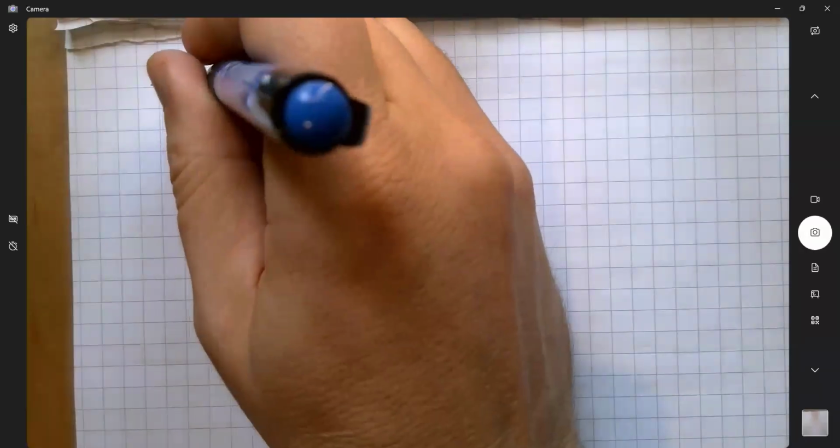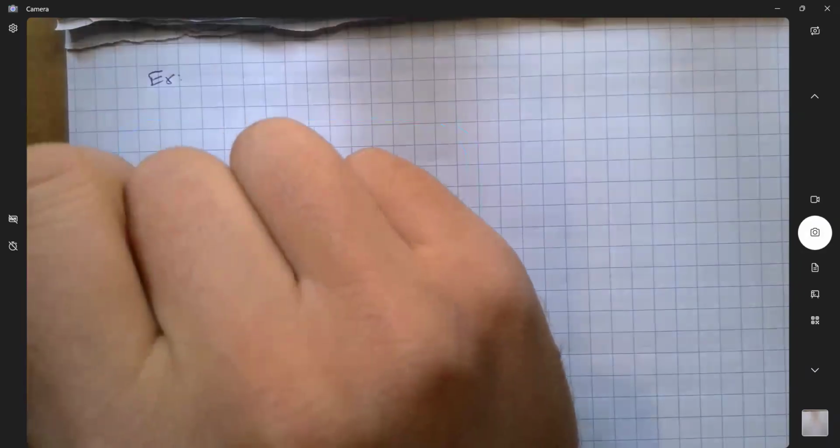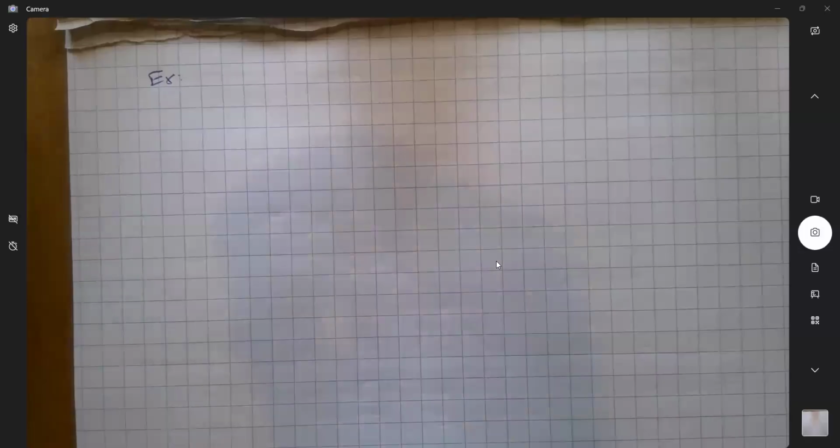Going from symbols to graphs is how we normally do it, but sometimes we start with words. Let me give you a word equation that we're going to convert to symbols and then convert to a graph to solve it.